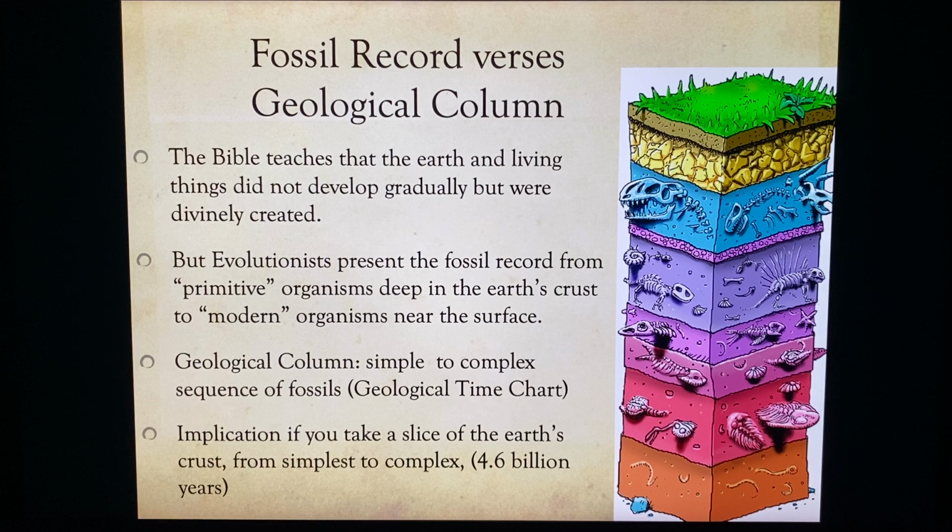The geological column is simple to complex. It's a sequence of fossils, and they call this the geological time chart. The implication is if you take a slice of the Earth's crust from the bottom to the top, you'd find the simplest to the complex, and you'd find this over 4.6 billion years.